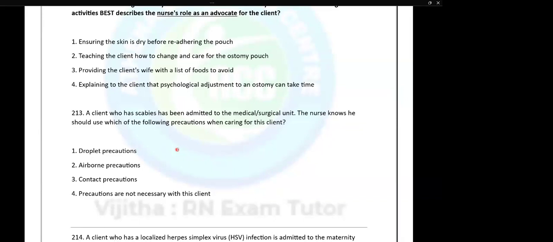How does this get transmitted, anyone? Scabies gets transmitted how? Contact. Yeah, it usually transmits through contact. So what kind of precautions will you give? You will take contact precautions. Perfectly all right.